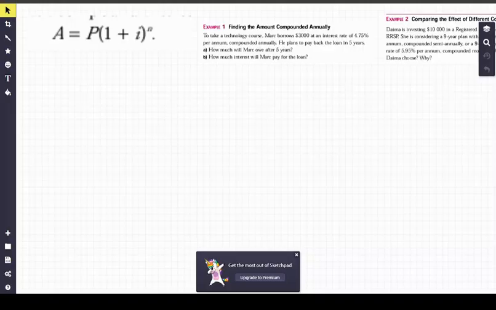Before we get to the examples, there are some questions in the textbook that I think are pretty good. It's McGraw-Hill, page 502. I think they're pretty interesting. Overall, it talks about the compounding periods and the interest rate.